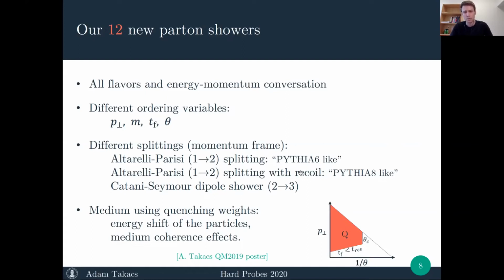And we also have a recoiler style PYTHIA 8 parton shower. And we also developed a full dipole shower with the Catani-Seymour splittings. And also to make some early medium predictions, we used the quenching weights, where we shift the energy of the particles whose splittings were resolved by the medium.